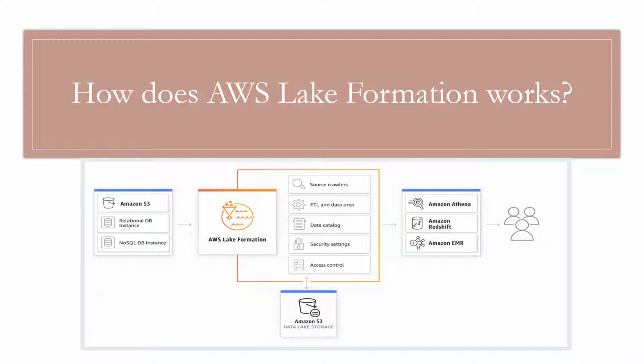Then, provide your users secure self-service access to data through their choice of analytical service. Other AWS services and third-party applications can also access data through the services shown. Lake Formation manages all of the tasks in the orange box and it integrates with the data stores and services shown in the blue boxes.